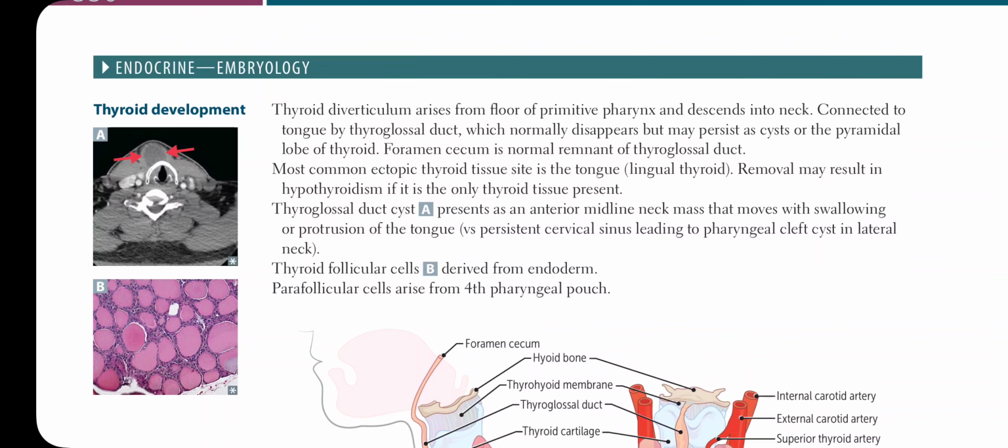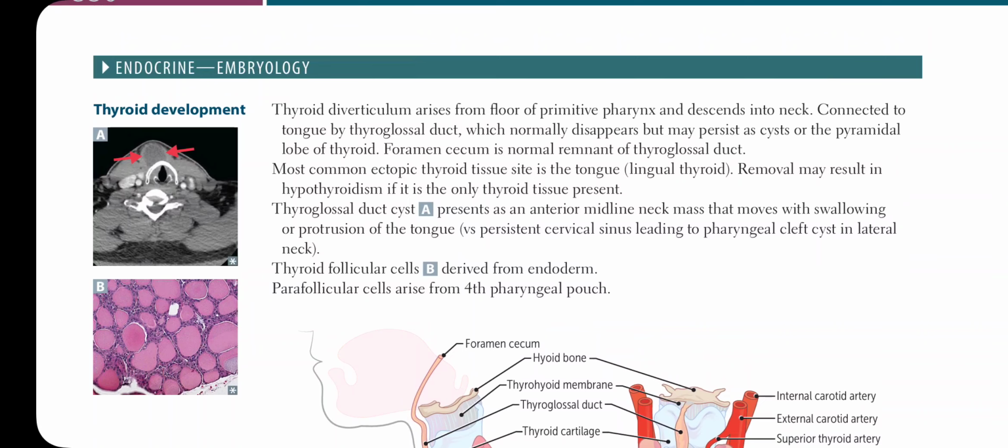If the thyroglossal duct goes away, then the remnant of it is called the foramen cecum. Now the most common ectopic thyroid tissue can be in the tongue. This is called the lingual thyroid, and if this is the only thyroid tissue present and you remove this lingual thyroid, then the patient can end up with hypothyroidism.